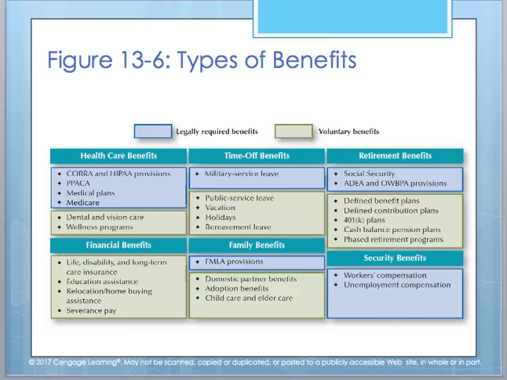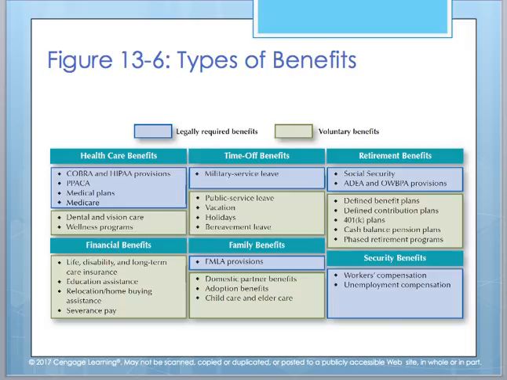It's not required for you to be provided life, disability, and long-term care insurance. There's no legal requirement for you to be paid when you have to take off for public service, or holidays, vacation, bereavement. It's not legally required for a company to even provide you with a 401k plan, or any kind of defined benefit or contribution plans.